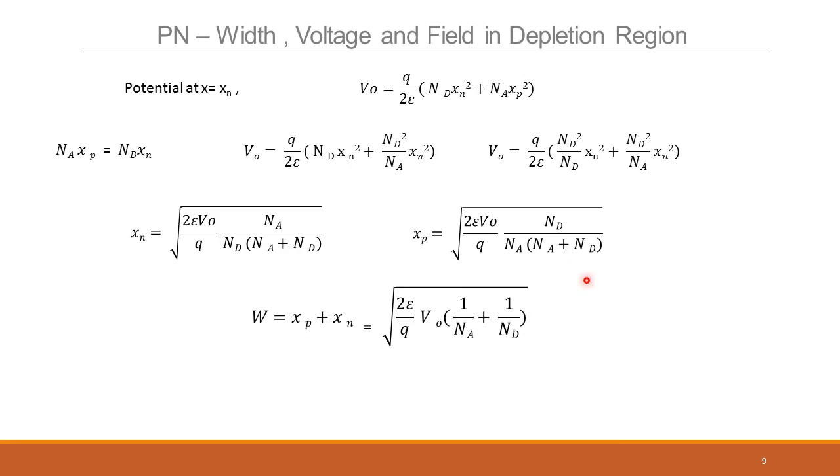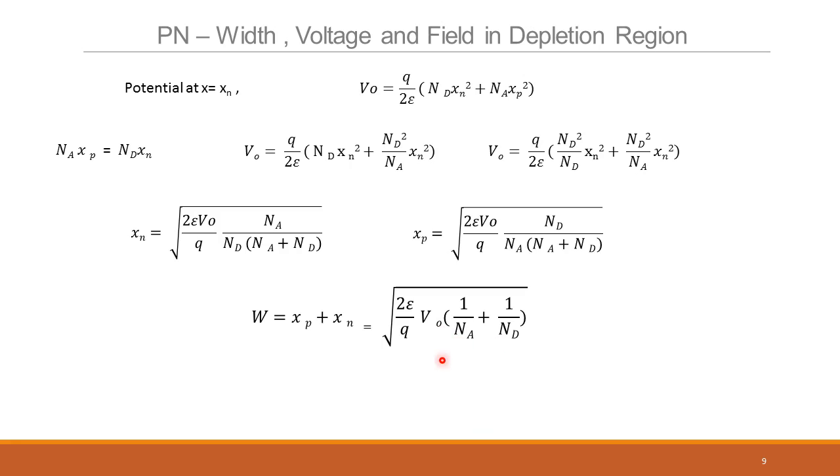Now this is an interesting thing. You can see W depends on Vo, Na and Nd. Of course, epsilon depends on the material, and q is fixed. Now Vo depends on the doping as well. But Vo, we saw, is a weak function of the doping because it is ln of Na Nd by ni squared. So ln actually desensitizes it a lot.